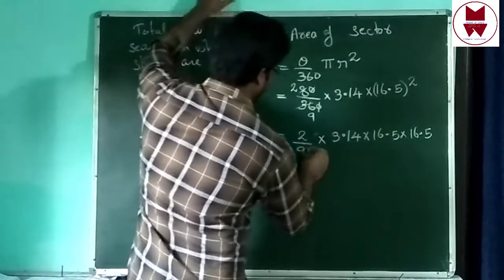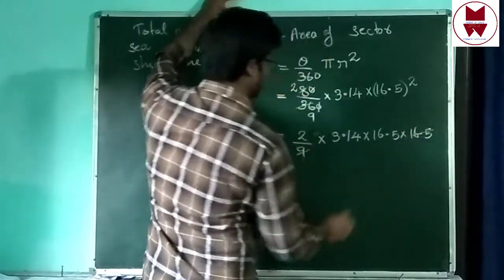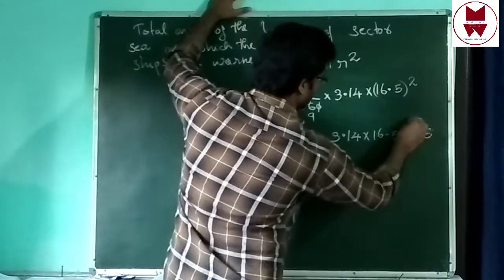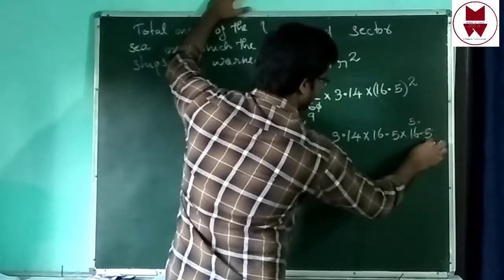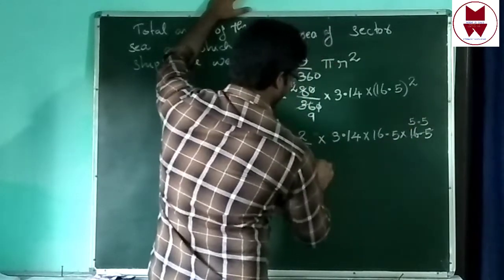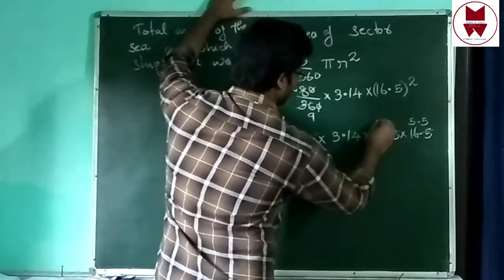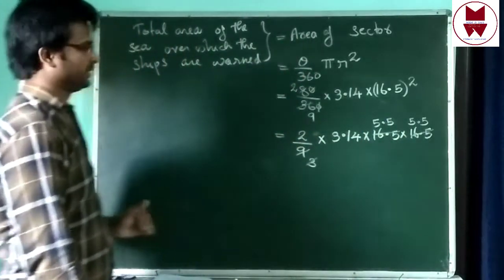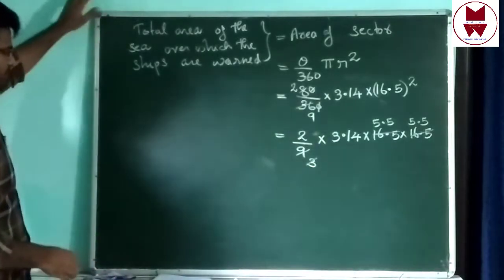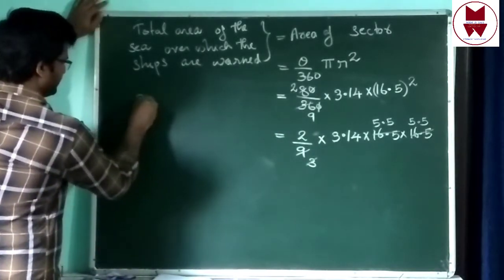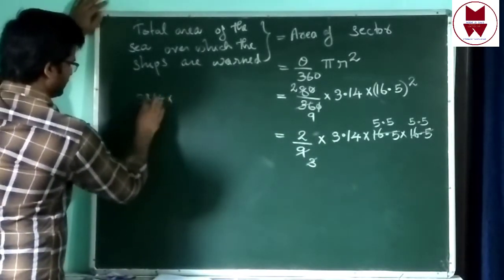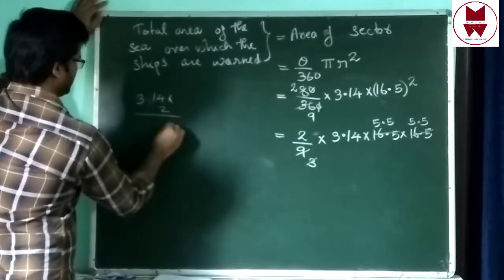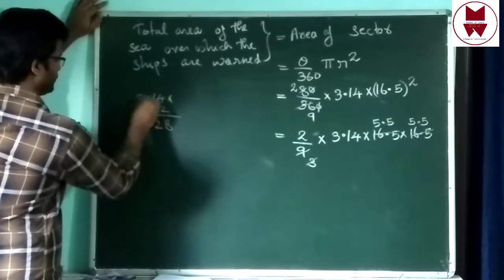We can cancel this 9 and 16.5 using 3, and 16 5 times and again 15 5 times. 3 and 15, here 5. Then multiply 3.14 into 2, that is 6.28.